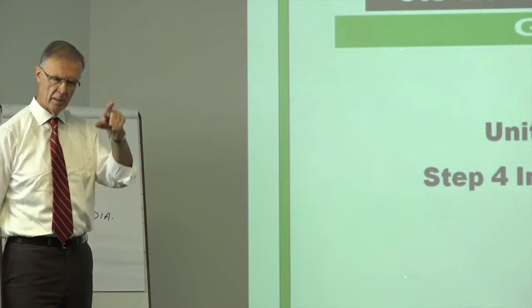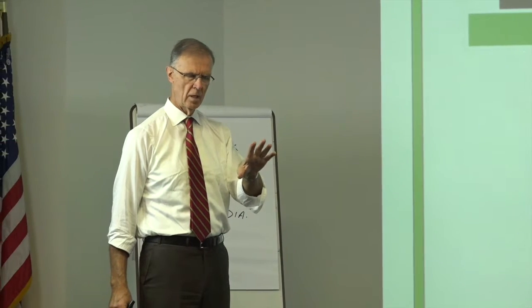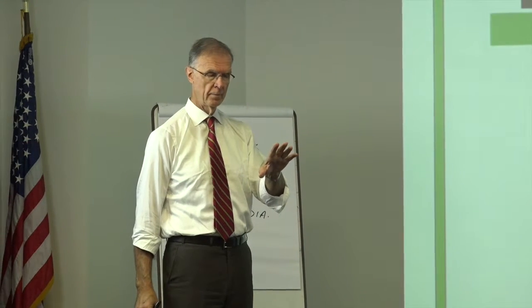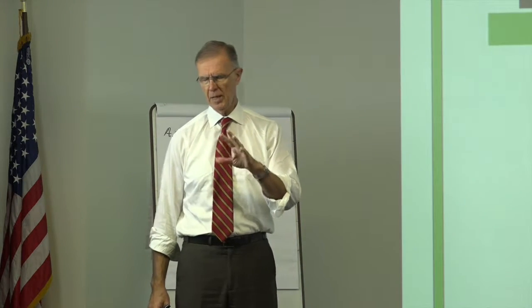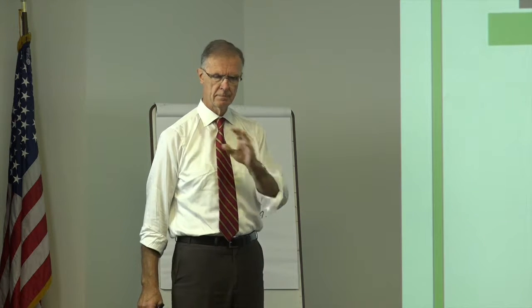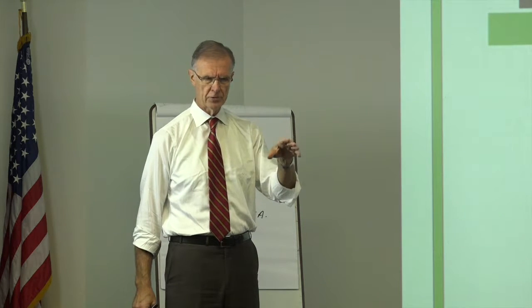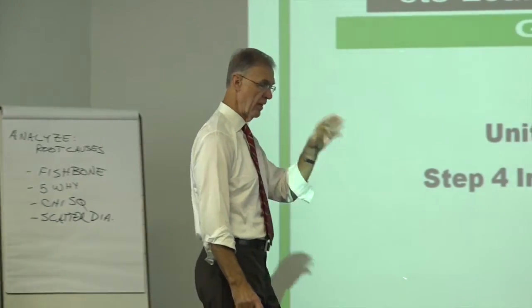And we're going to evaluate our countermeasures and effectiveness. Are they effective? Will they work? And feasible. When we talk about feasibility, what ideas, what concepts come to mind? Cost, resources, time.